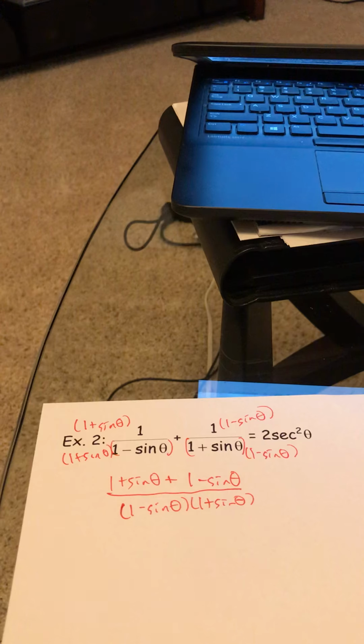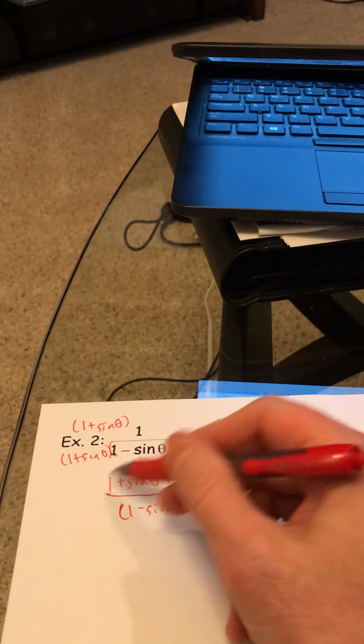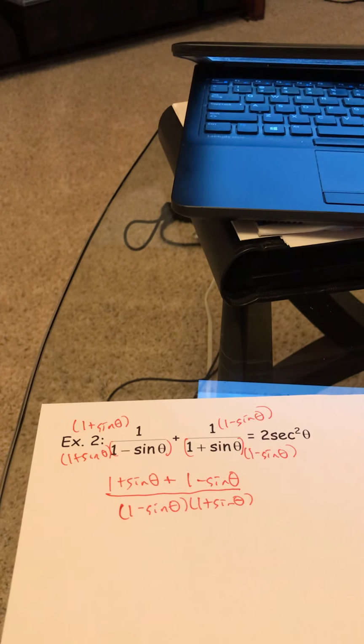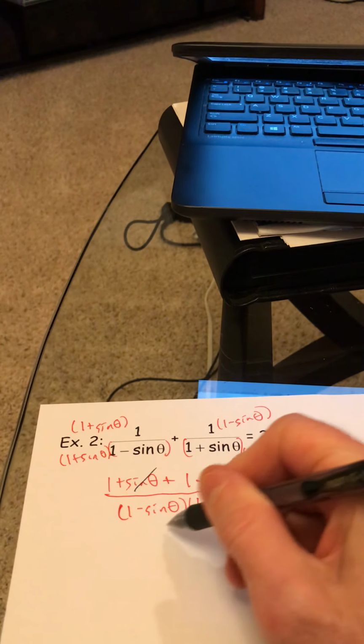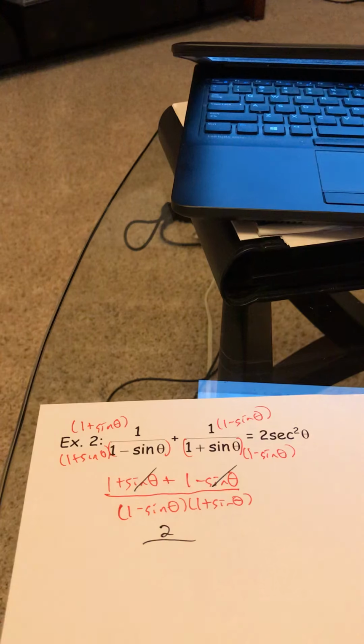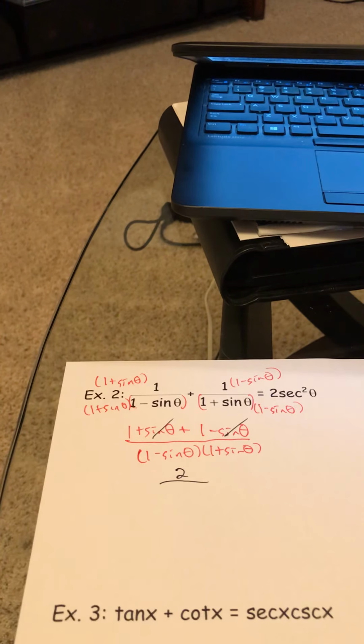Do not cancel anything right now. Because of the addition, nothing will cancel. We can go ahead and combine like terms though. 1 and 1 gives us 2 there, and the sine thetas cancel. So that gives us 2 over. Now, I know yesterday I told you most of the time we are not going to want to actually multiply out our denominators.